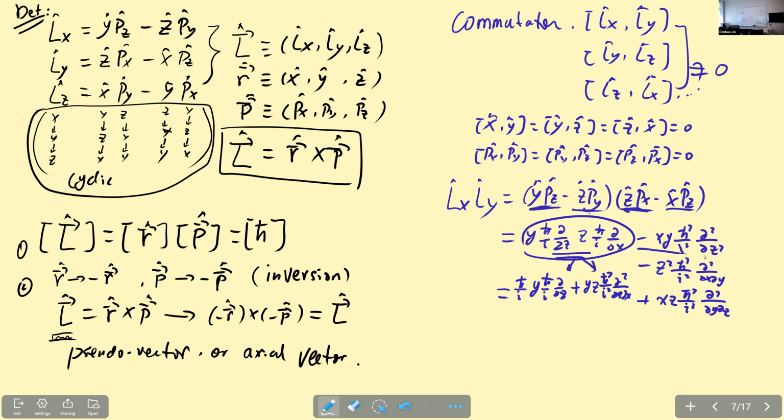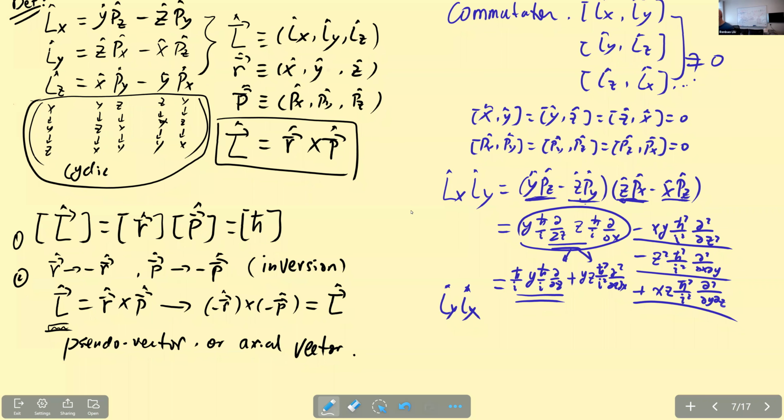And then this term, 3 terms are just okay. And then you can do the same thing for Lx and Ly. Change the order. You know that once you change the order, now you can not commute. So this term will be fine, but you're going to have another term, right?